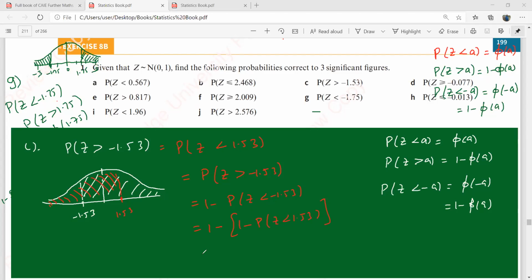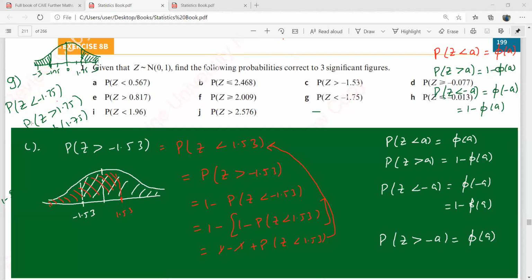Through the working, you get 1 minus 1 plus probability Z is less than 1.53, so these ones are cancelled and you get the same thing. So you can write in your notes that probability Z is greater than minus a is simply phi of a. I'm leaving seeing the values from the table up to you.